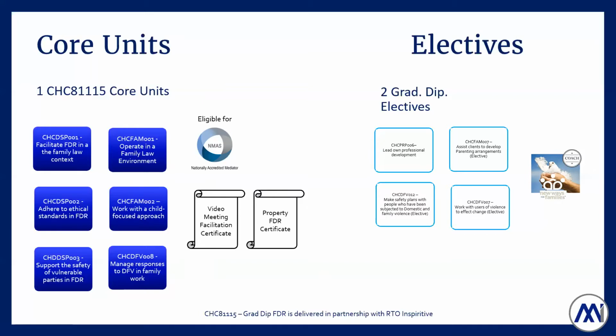Once you've met the requirements, you're able to be assessed and then apply for membership and accreditation as a nationally accredited mediator. You'd be able to do this in advance of applying for accreditation as a family dispute resolution practitioner, or you might want to wait and do both together.